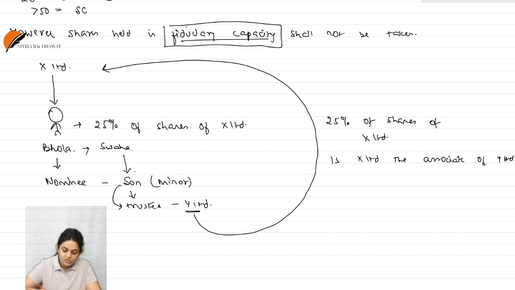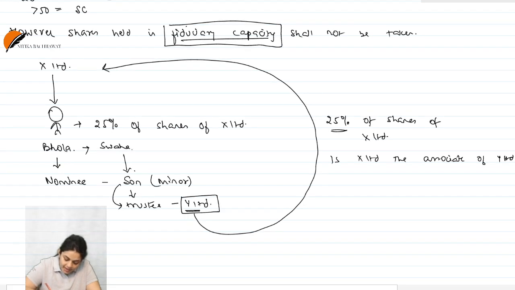Now the trustee is holding 25% of the shares in X Limited. Is X Limited the associate of Y Limited? Now here, why is Y Limited holding the shares of X Limited? In its own capacity or as a trustee? As a trustee. Is it holding the shares in its personal capacity, in its own capacity? No. Just holding the shares as a what? As a trustee.